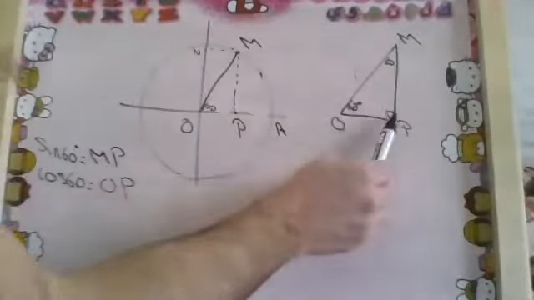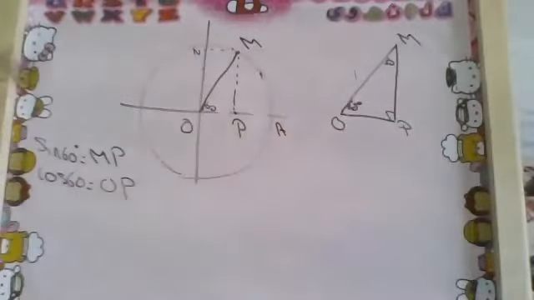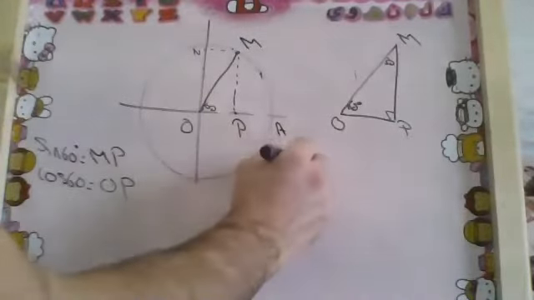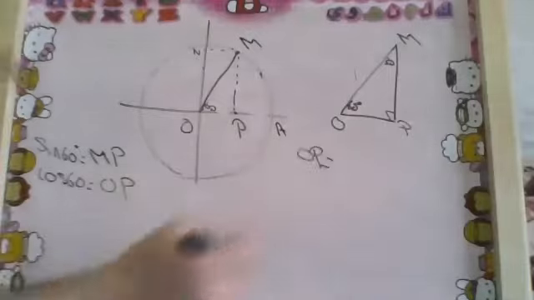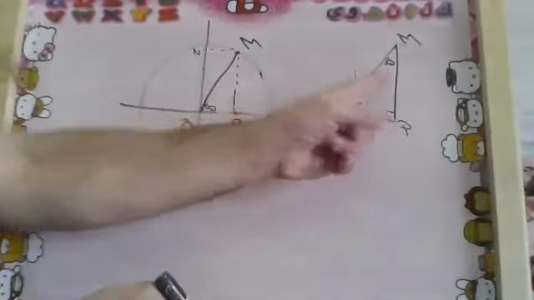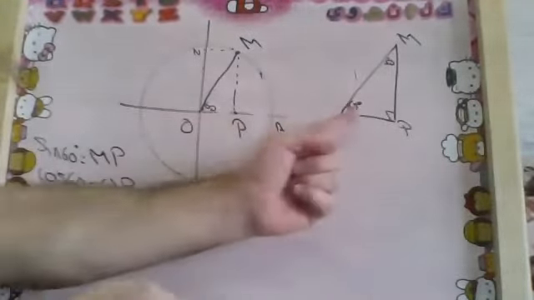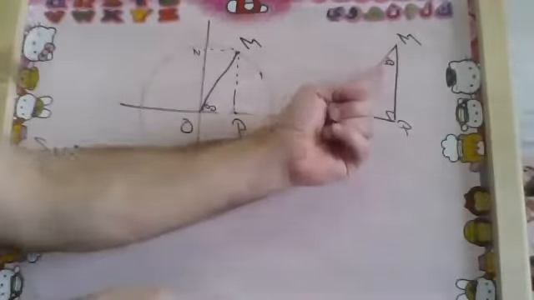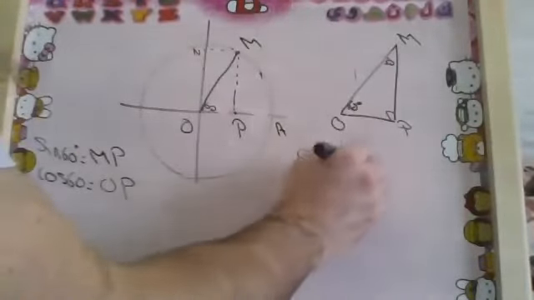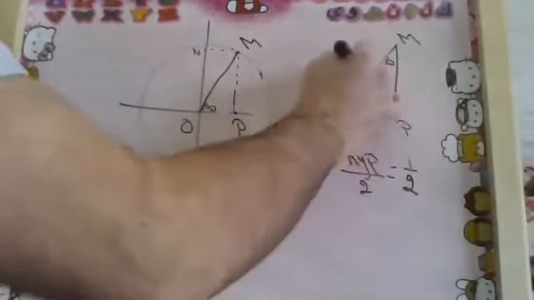OP is the side opposite 30 degrees, so it is the hypotenuse over 2, which is equal to 1 over 2.